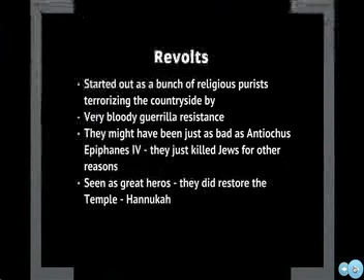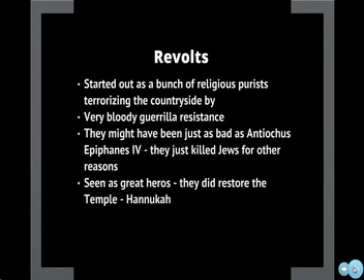There were some revolts, and as we said earlier, Antiochus Epiphanes IV had a pig sacrificed at the high altar in the temple, and that caused a very bloody revolt that began with some religious purists terrorizing the countryside.